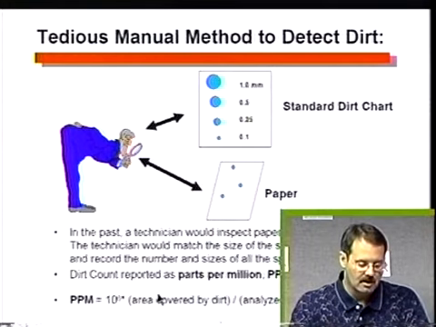People did that for a long time, and we can think about the weaknesses of that method. For instance, operator A versus operator B. Each operator might have completely different eyesight, and one might detect spots that the other one doesn't.